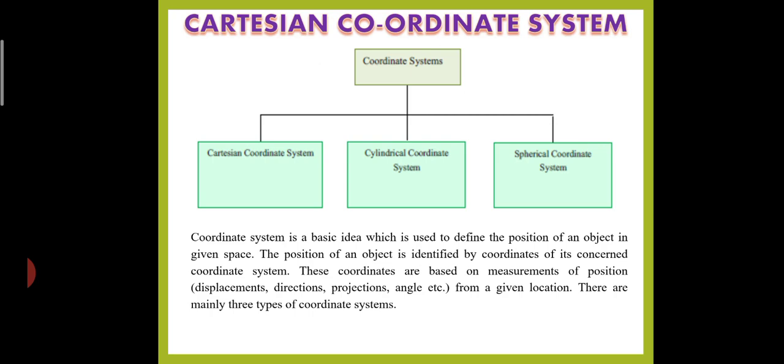The coordinate system is a basic idea used to define the position of an object in a given space. The position of an object is defined by the coordinates of its concerned coordinate system. These coordinates are based on the measurement of position like displacement, directions, projections, angle, etc. from a given location. There are mainly three types of coordinate systems.